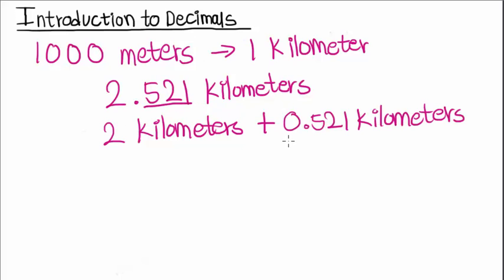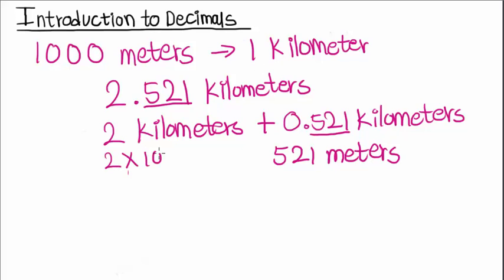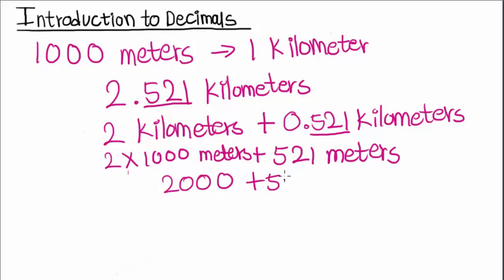Now 0.521 kilometers is pretty much the same thing as saying 521 meters because every 1,000 meters makes up a kilometer. And 2 kilometers is the same thing as saying 2 times 1,000 meters. So 2.521 kilometers is the same thing as saying 2,000 meters plus 521 meters to give me a total of 2,521 meters.